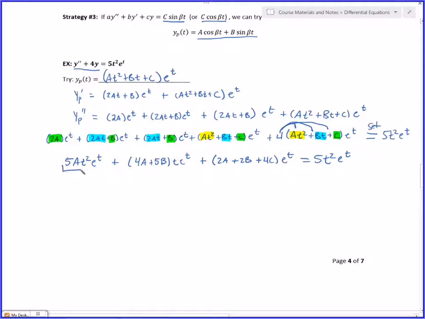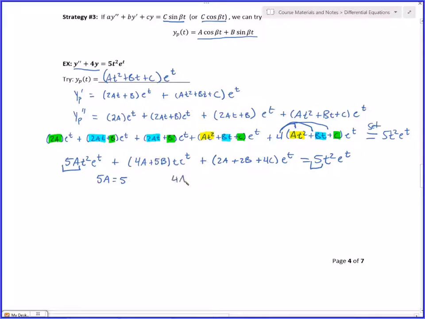So this has to match this, since they're both t squared e to the t terms. But the other ones have to be 0 for this to work. So I have 5a equals 5.